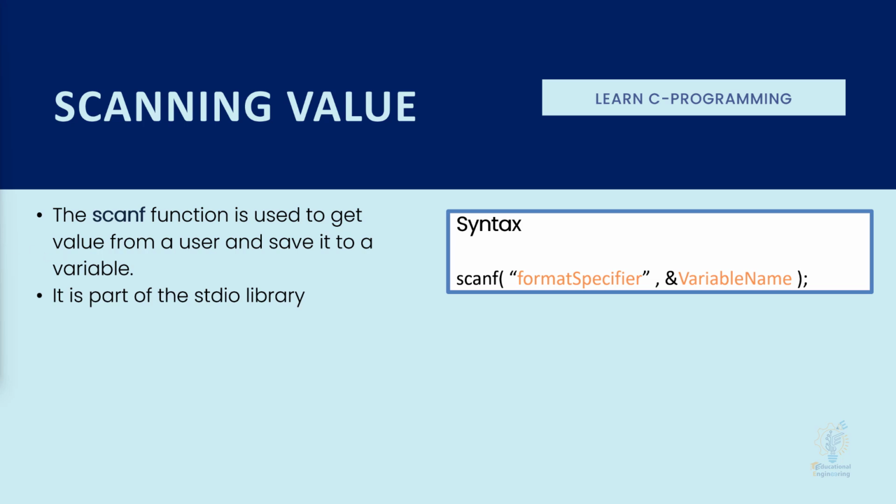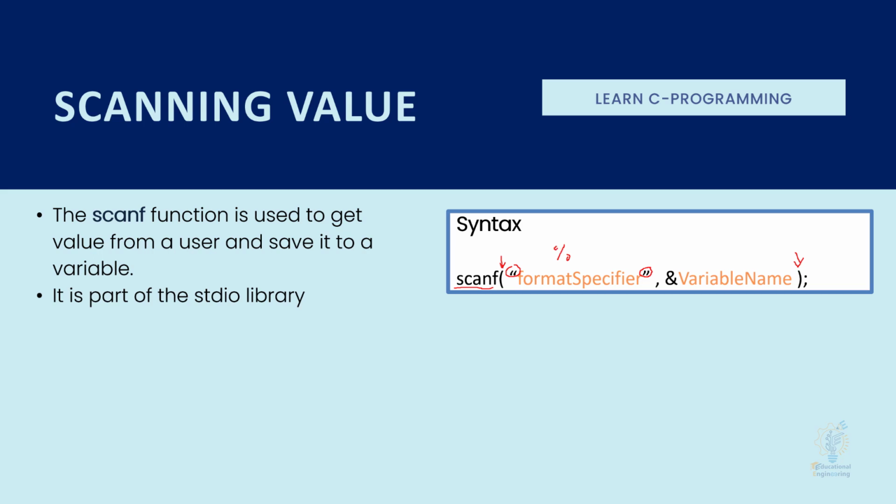Now, the syntax for this function is simple. You just write scanf, then you open two parentheses. The first part is the format specifier. Here you must add a format specifier between two double quotation marks.